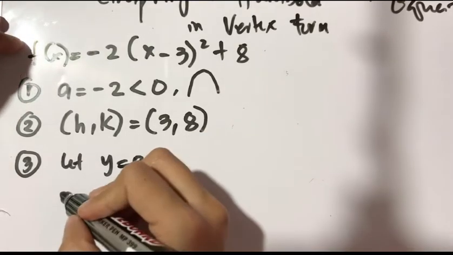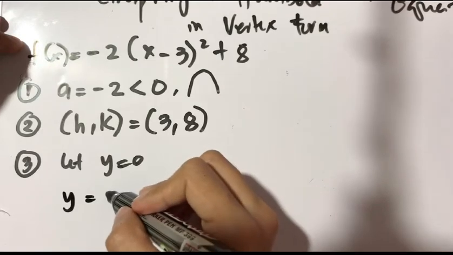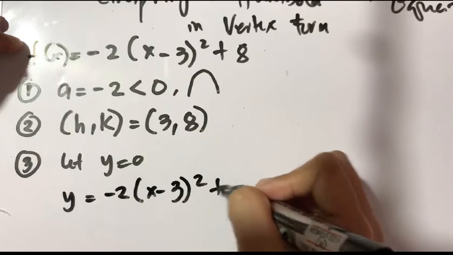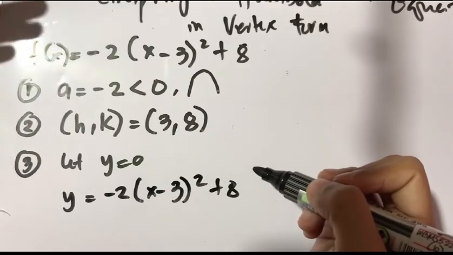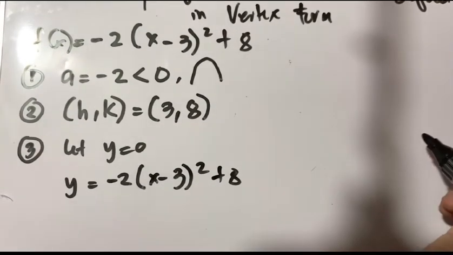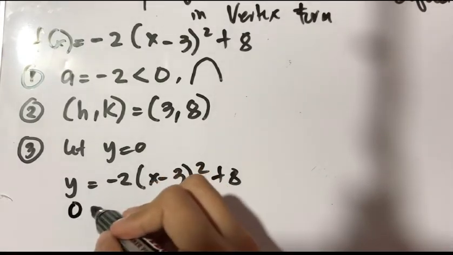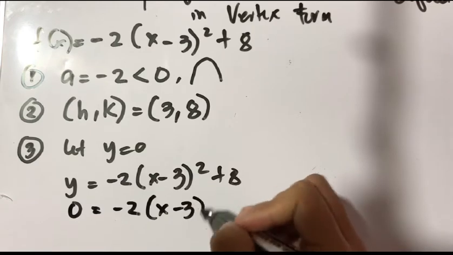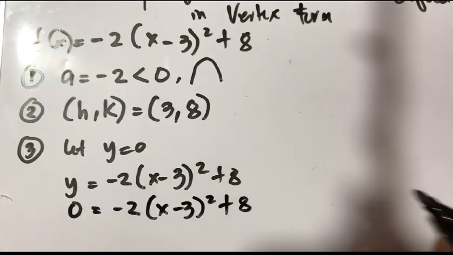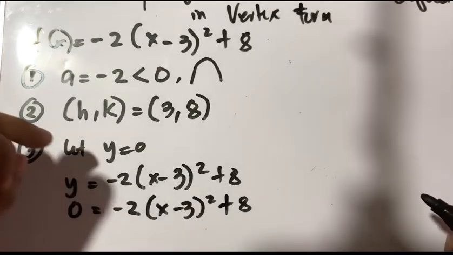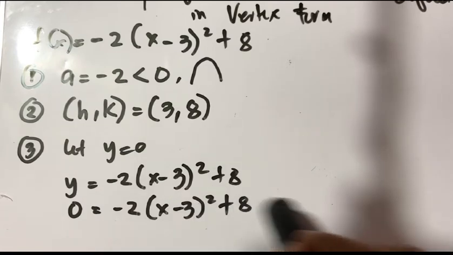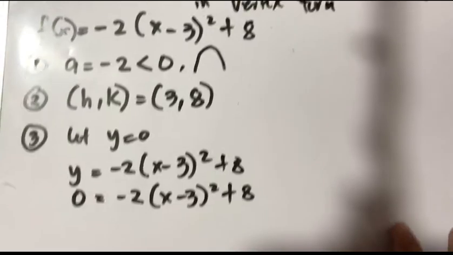So, y equals negative 2 times x minus 3 squared plus 8. Or we can also keep f of x, depending on you. So, we will set this to 0 and we get negative 2 times x minus 3 squared plus 8. Our goal here is to get the value of x. Remember, the x-intercept is the point that passes through the x-axis where y is equal to 0.